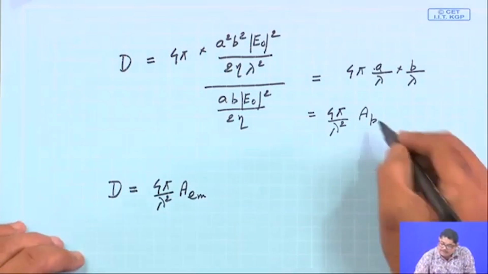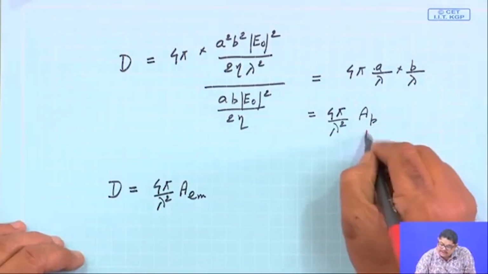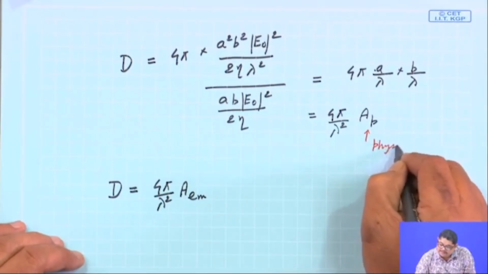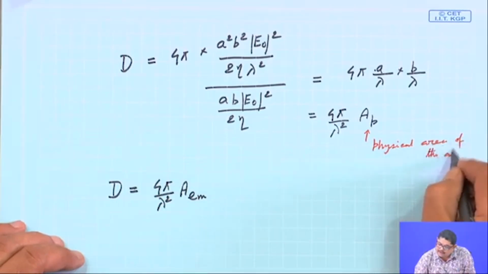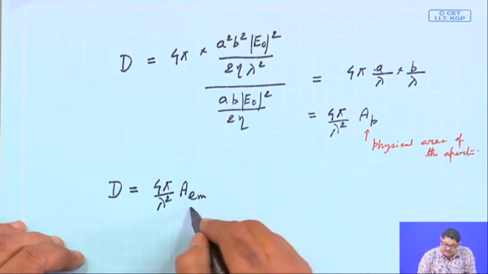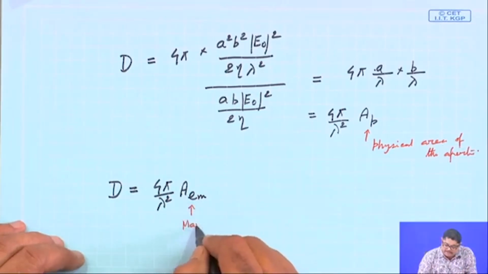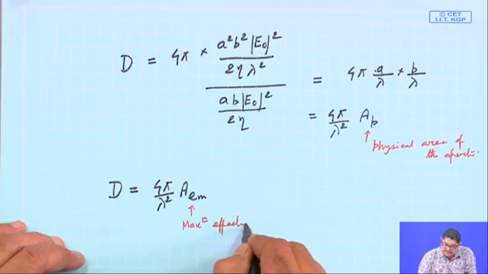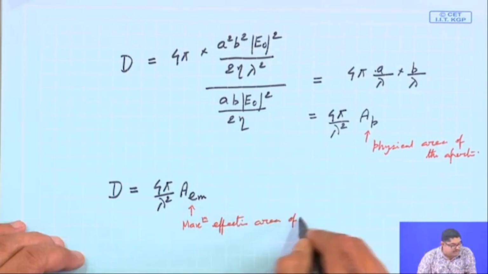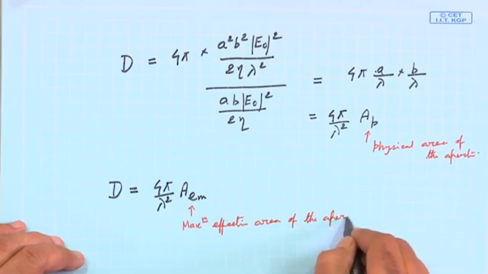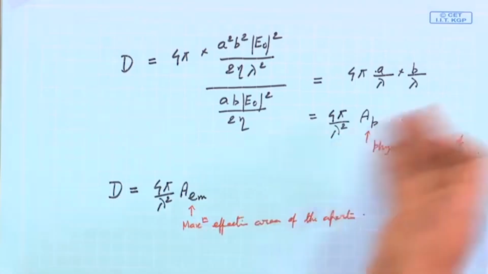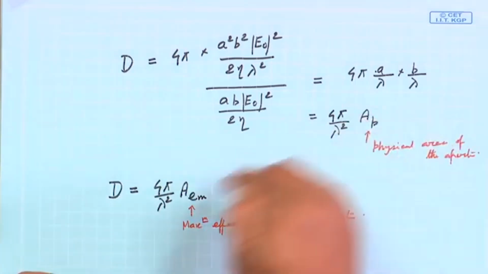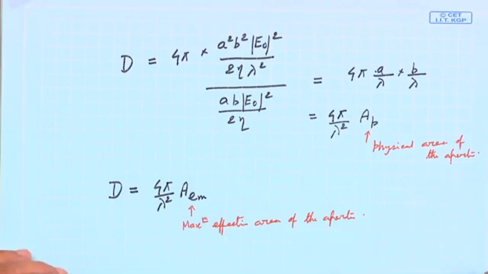So, you see this is the physical area of the aperture, and this is the maximum effective area of the aperture. So, it turns out that in this case both A P and A EM are the same.